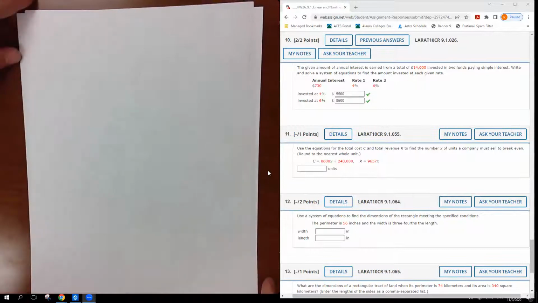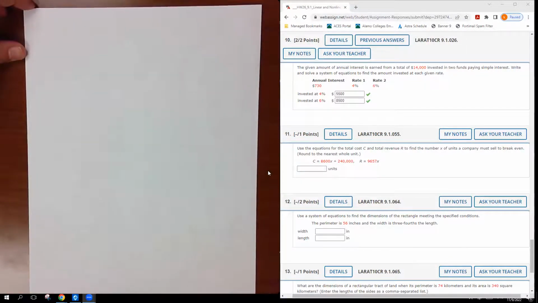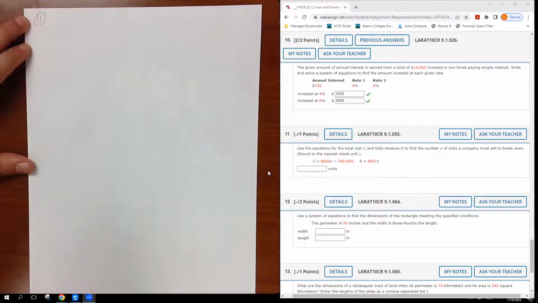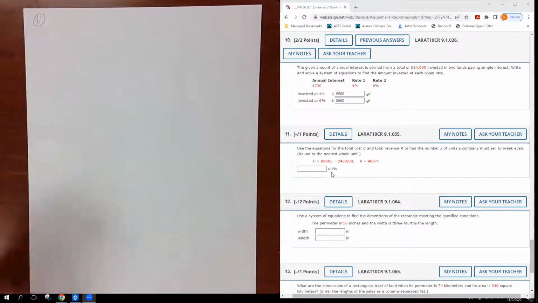Example 11. We have used the equations for the total cost and the total revenue to find the number of X units a company must sell to break even. You see, we have two equations.